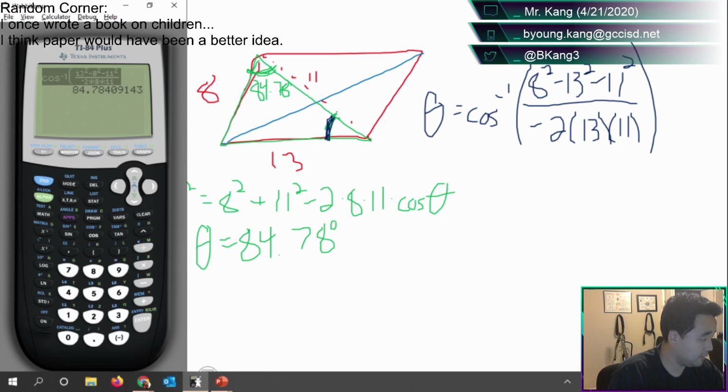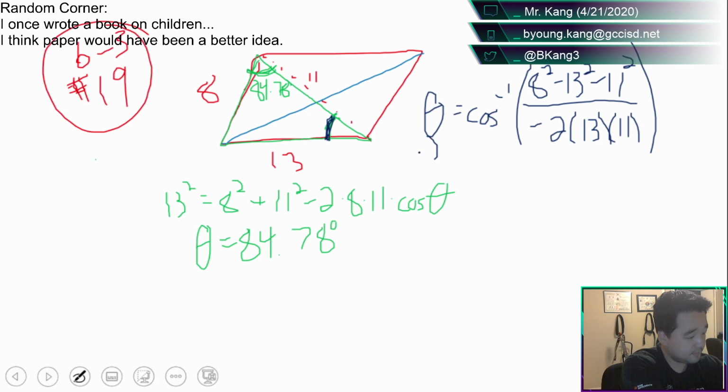So it's going to be really similar, except the 8s and 13s swap places. Oh, whoops. There we go. So 37.79 degrees.